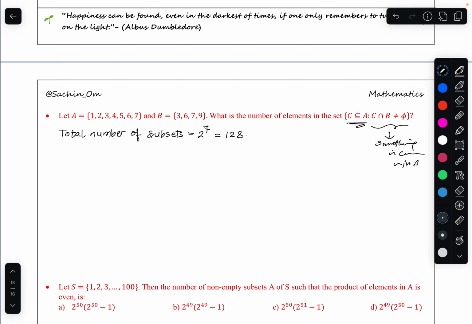And then I want to find all those subsets which have nothing in common with B. So total number of subsets we have found. Total number of subsets of A is 2 to the power 7, which is 128.